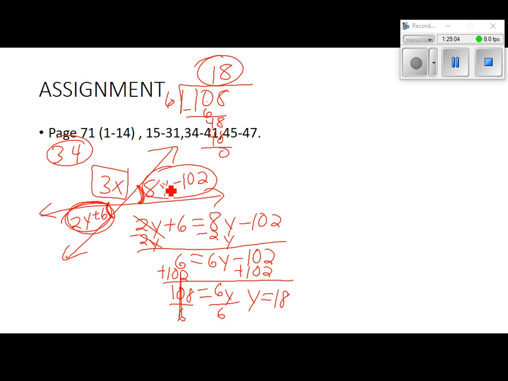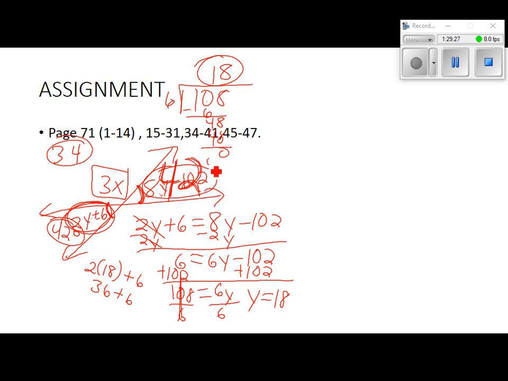I'm probably not going to pick this one, because I don't know what 8 times 18 is, so I'll pick this one, 2 times 18 plus 6. 2 times 18 is 36, plus 6 is 42, so that angle is 42 degrees. That means this angle over here is 42 degrees.